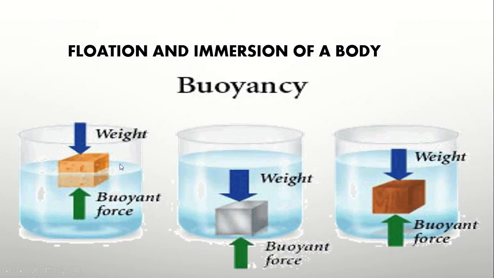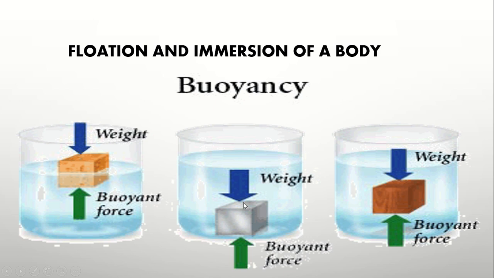Look at this figure. In this figure, we can see an object is floating on water, being partially immersed. That means a portion of the object is immersed in the liquid. So here, which condition will be applied? That means here the buoyant force is greater than the weight of the object.